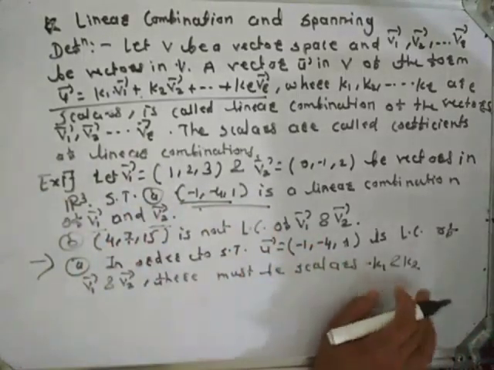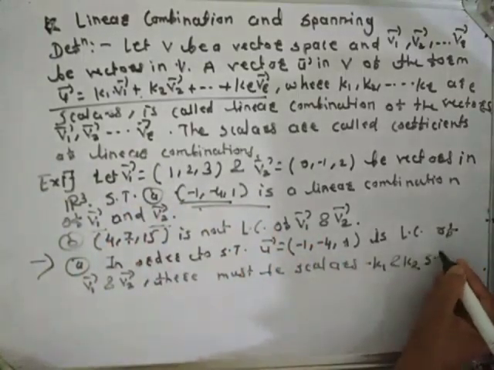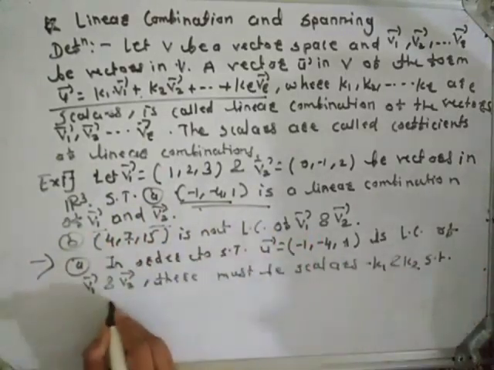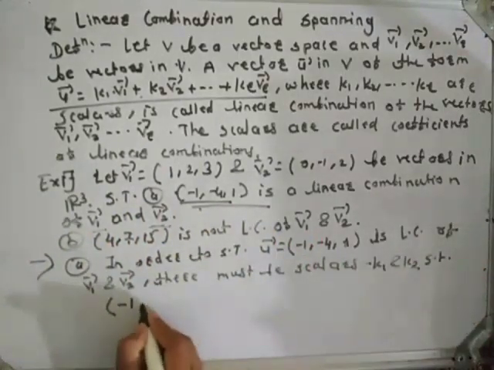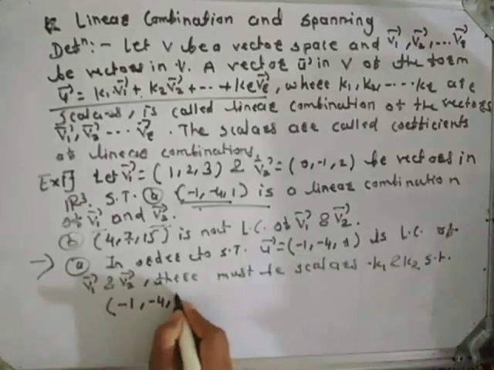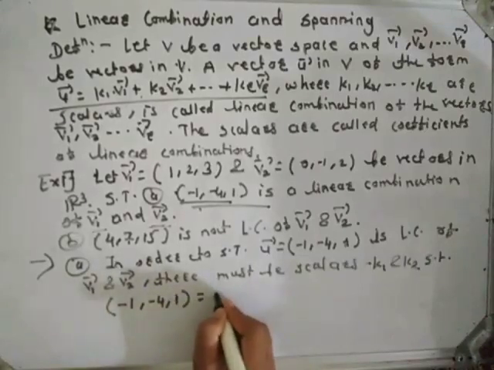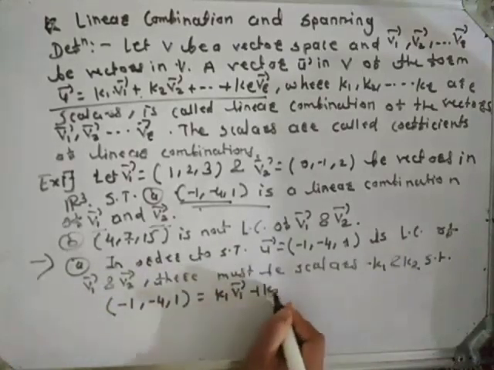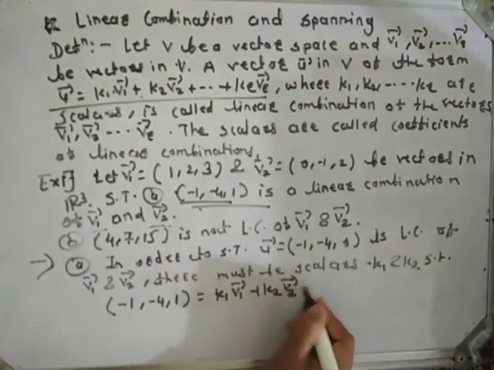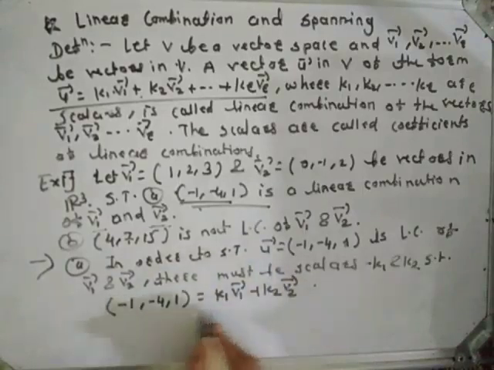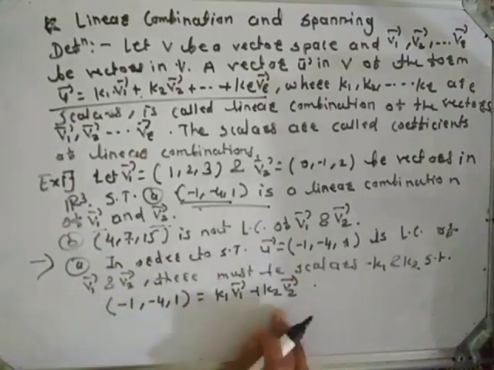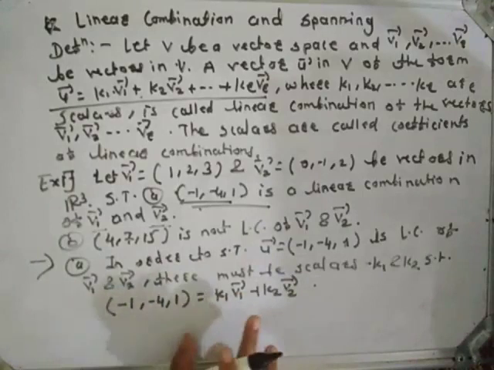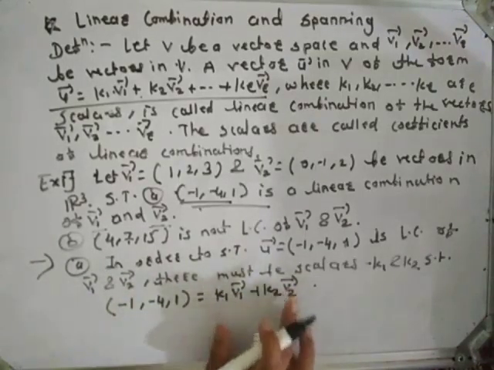So there exist two scalars such that this U bar, means vector -1, -4, 1, can be written as a linear combination of V1 bar, means K1 into V1 bar plus K2 into V2 bar. Means what? If this vector equation has a solution, then this vector is a linear combination of V1 bar and V2 bar.